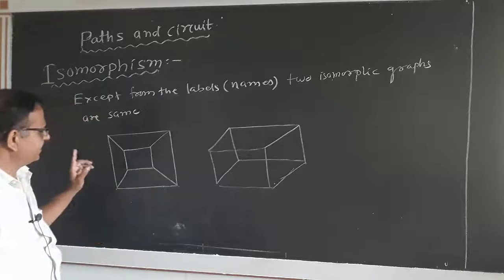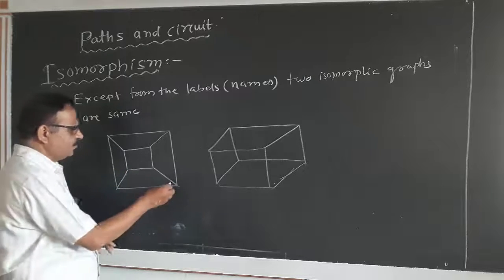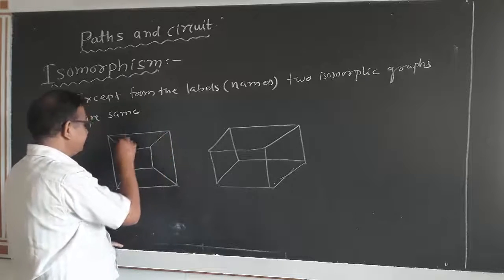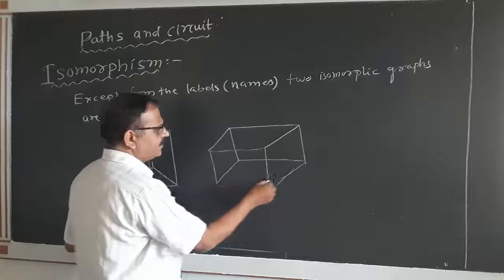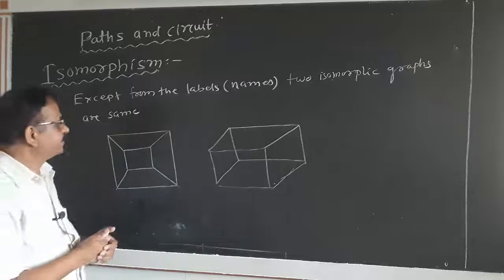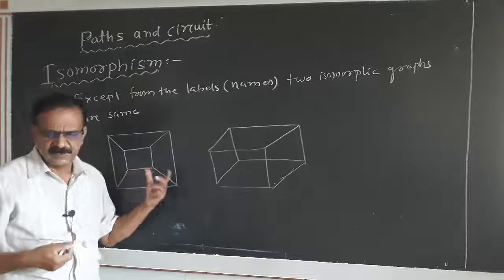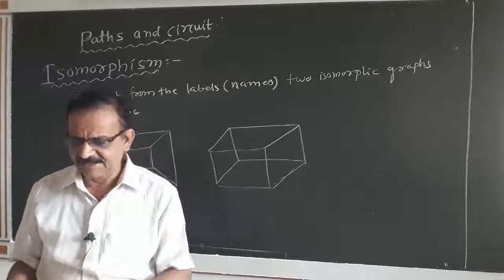The incidence relationship of edges and vertices is preserved, and every vertex is of degree 3. Here also every vertex is of degree 3, and hence these two graphs are the same graph. They only look different, but they are similar, the same graph.